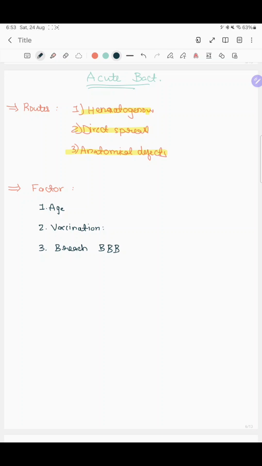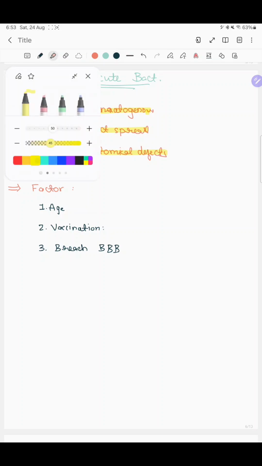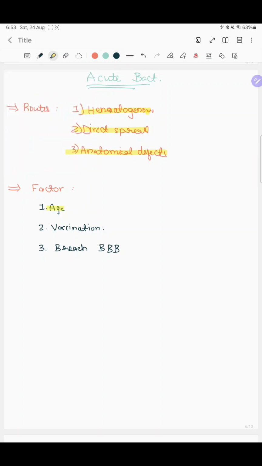It can be transported through the phagocytes and affect the body, or it can even cross the endothelial cells by transport through the vacuoles also. So what are the factors? It can be your age, vaccination, or a breach in the blood brain barrier.